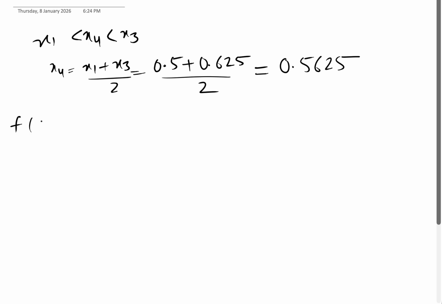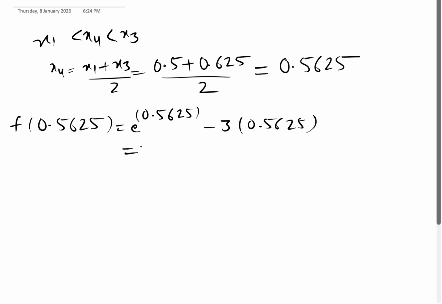Let's calculate this. f of 0.5625 will be e raised to the power 0.5625 minus 3 times 0.5625. The value is 0.067.